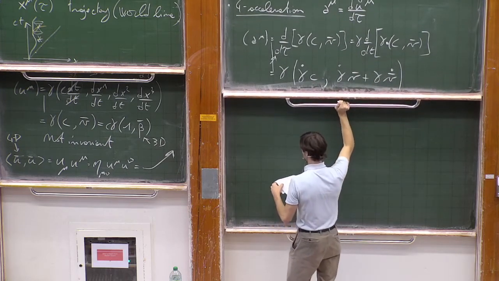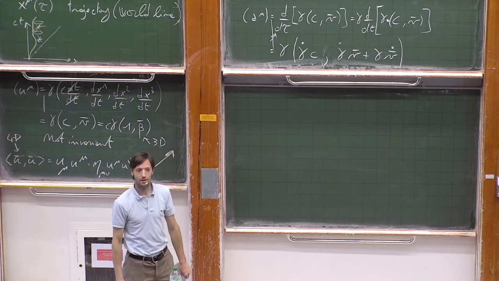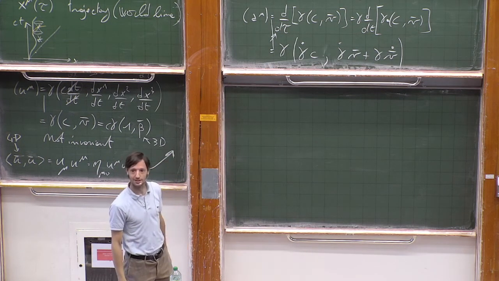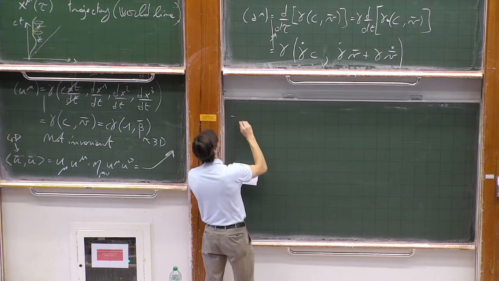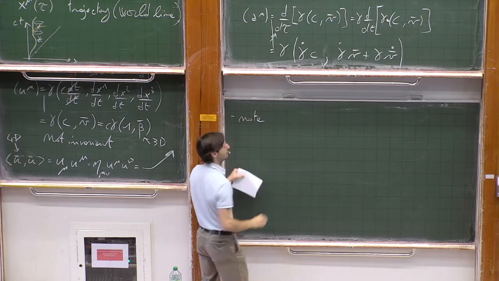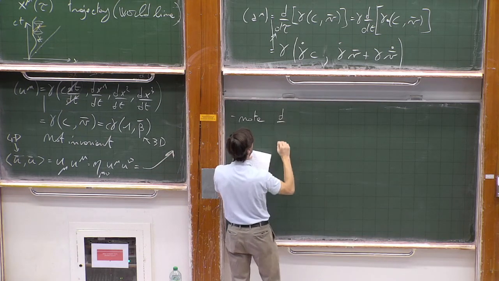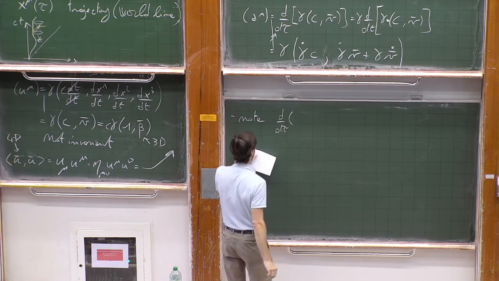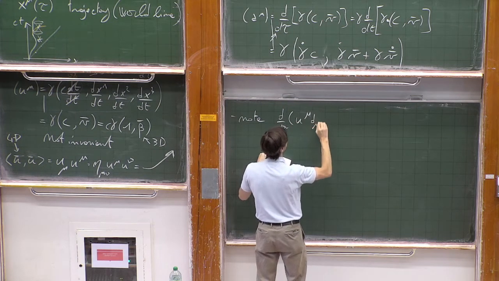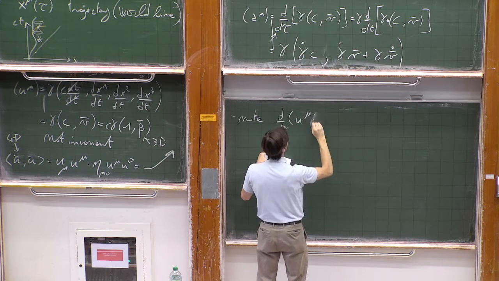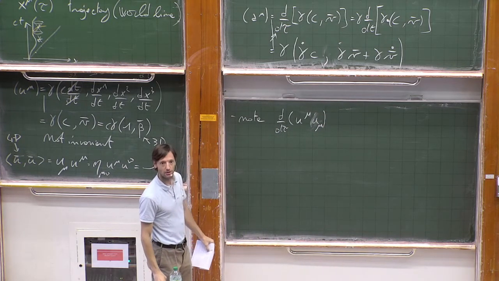Good. Well, now we can look at some property of this four-acceleration. Because again, you see there are a few weirdnesses here, but there are even more weirdnesses. Because we can note, now I do it this way because it's just faster. I can just investigate what is the variation of u mu u mu. I can just give a look at that.